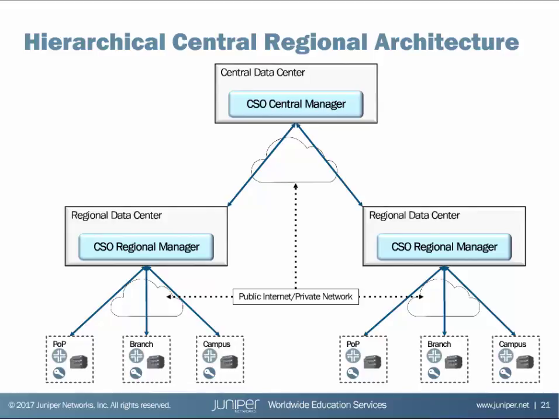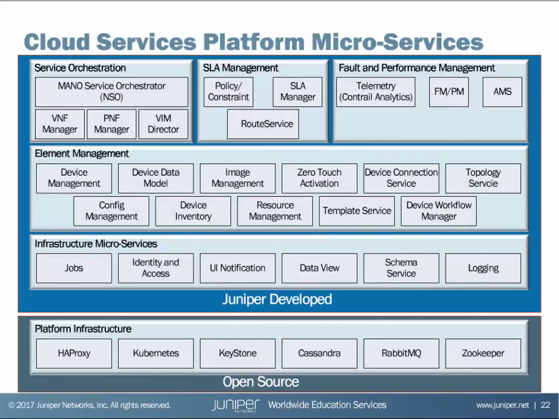If I run into a scalability issue where I need a CSO in each data center so I get the performance that I need, but I want to be able to centrally configure those, I can drop back another level and manage multiple regional CSO instances from a central manager level, right? And then here's, sorry, I kind of hit this one a little bit earlier, but here's all those different little microservices that are available. It's a product that has a lot of functionality, right?